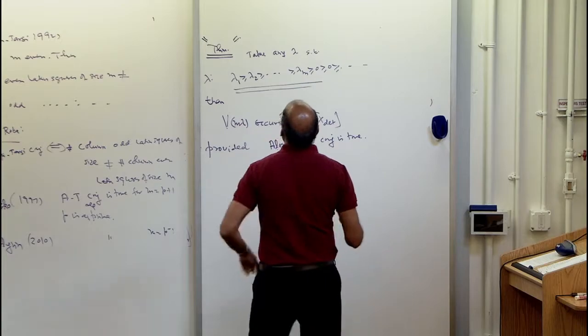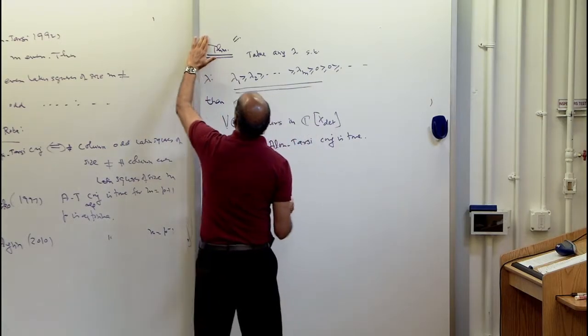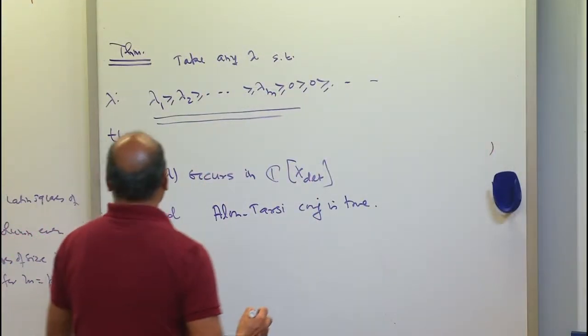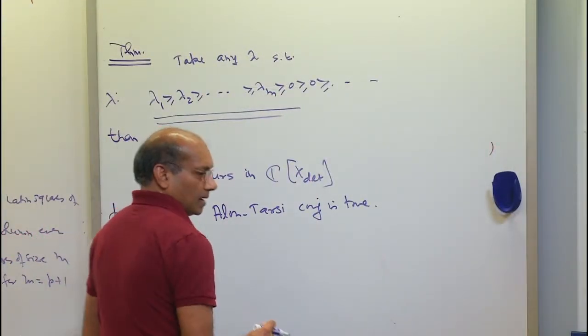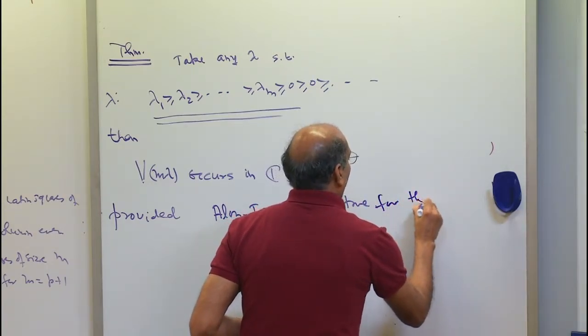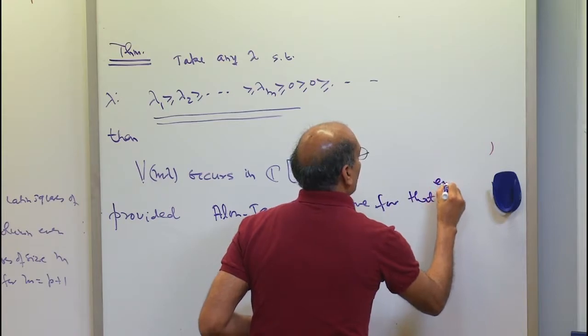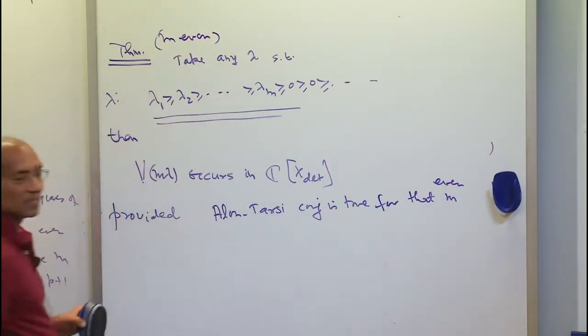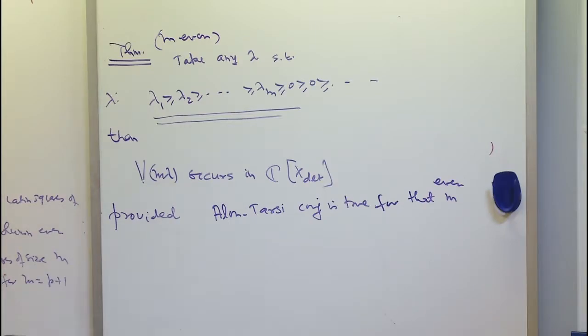So actually, I don't have to say that. The theorem then holds provided the Alon-Tarsi conjecture is true for that even m, the same m. Exactly.